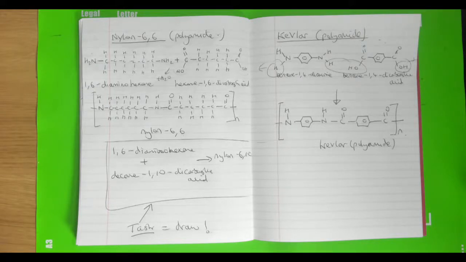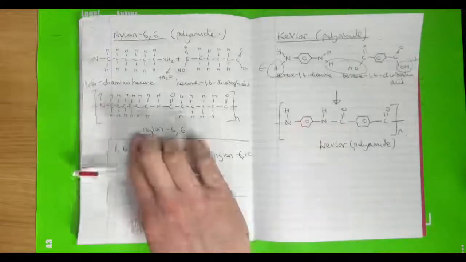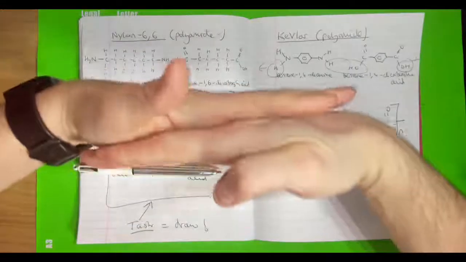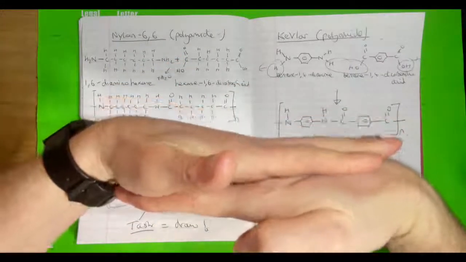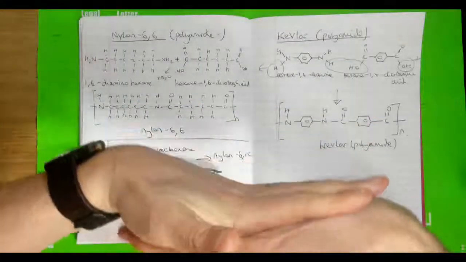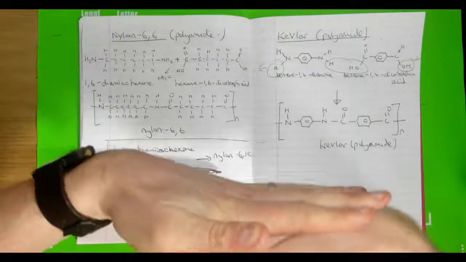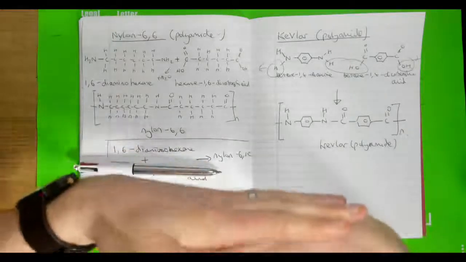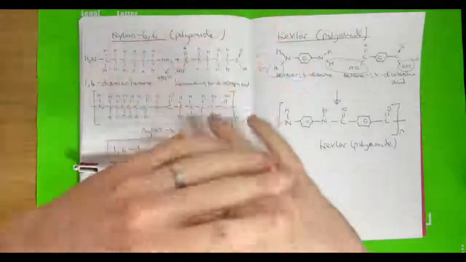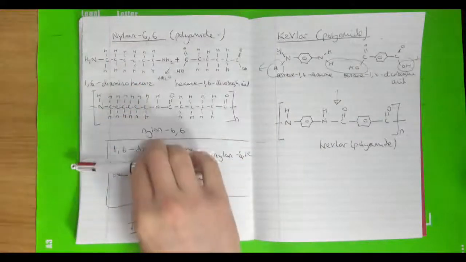It's much stronger, and that's because these aromatic rings can pack together, and there are strong intermolecular forces between these benzene rings, which makes the whole thing quite strong. But the chains are still able to slide over each other quite easily, therefore it's flexible. So you've got a strong material which is still flexible, which is great.